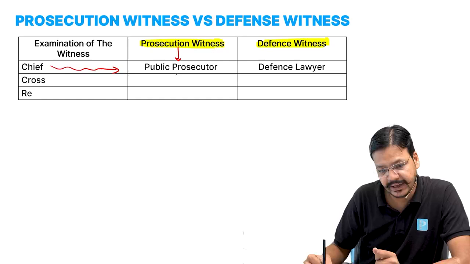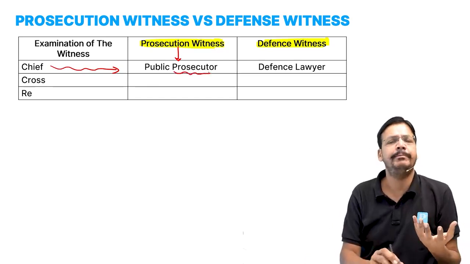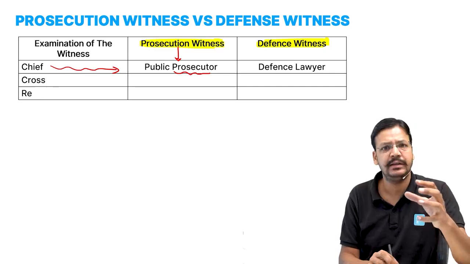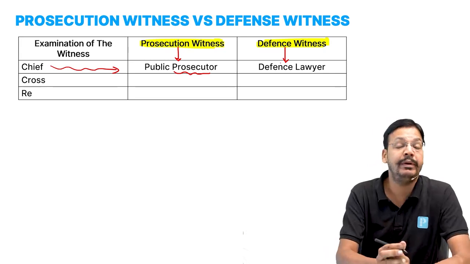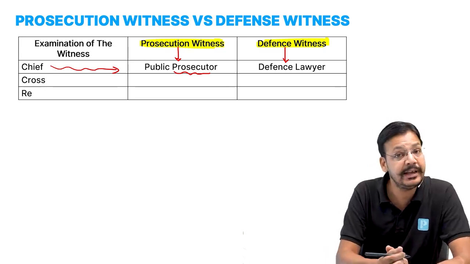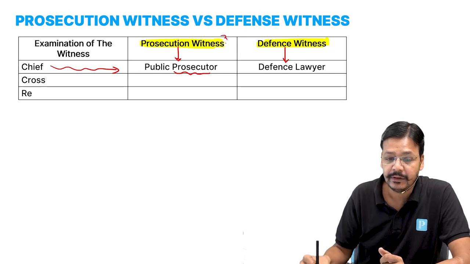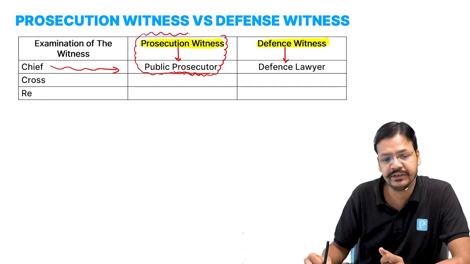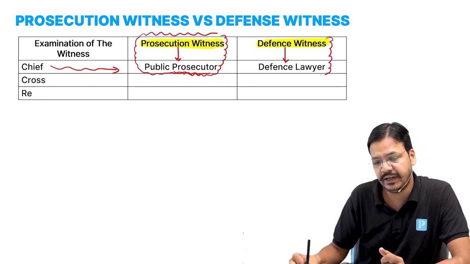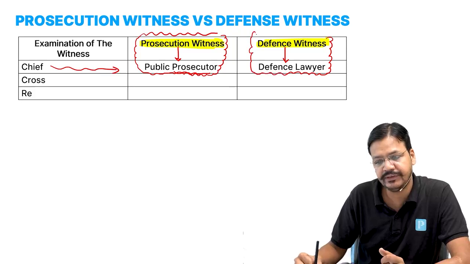You will be chief examined by your same party, the public prosecutor. And if you are a defense witness, you will be examined by the defense lawyer because this is the same party. Prosecution witness and public prosecutor are of the same party, and defense witness and defense lawyer are from the same party.